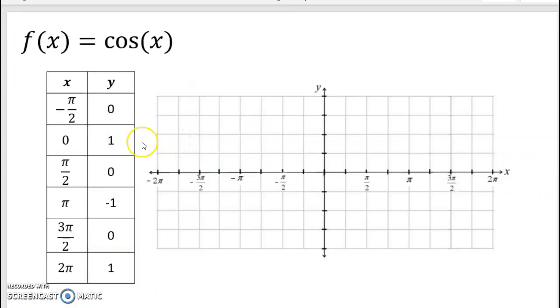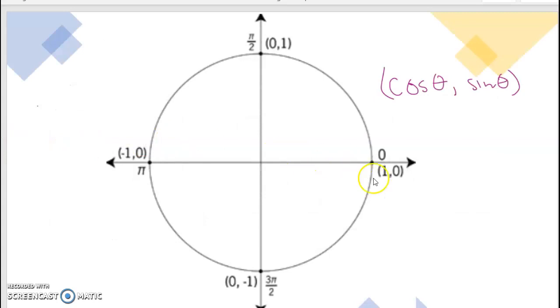Cosine. The cosine function, when it's in its parent form, remember, is dealing with the x values. So think about your unit circle. When we're over here to the right, we're at 1. When we're up at 90 degrees, we're at 0. When we're over here at 180 or pi, we're at negative 1.